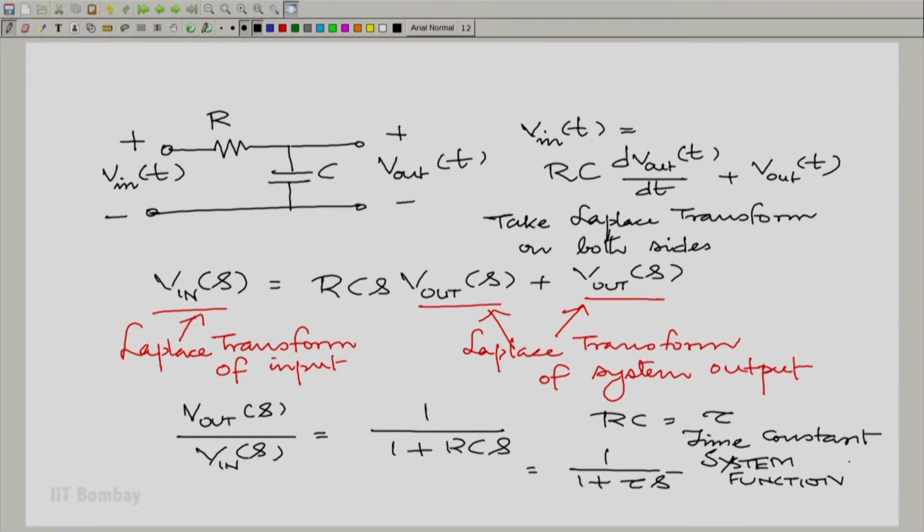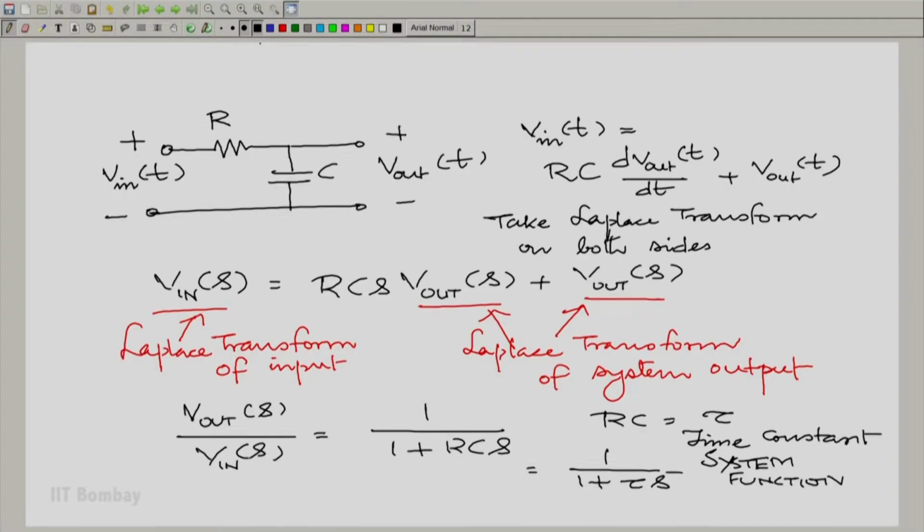And now, of course, we can find the impulse response very easily. We can find the impulse response by inverting the Laplace transform. Now, of course, here it is very easy to invert because you know which region of convergence to choose.